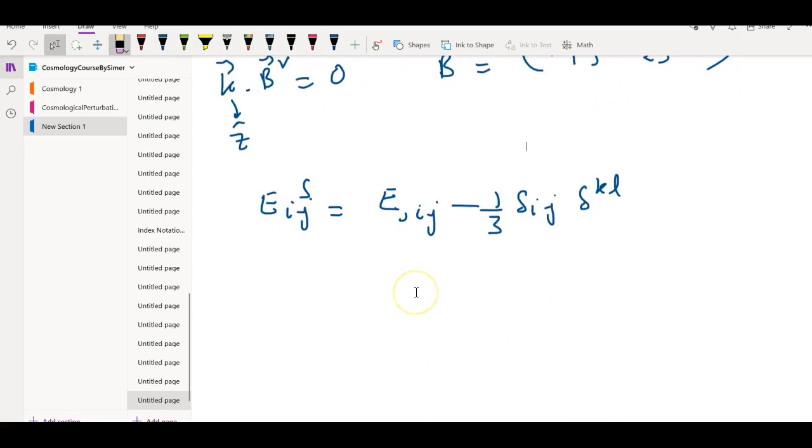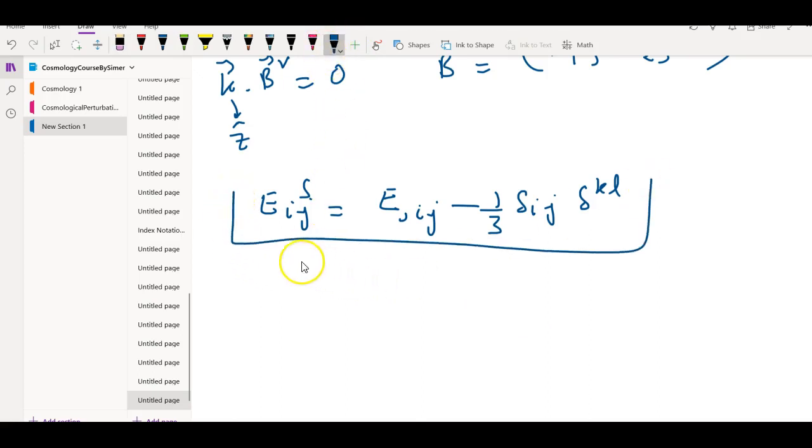How can we write this in the index notation in Fourier space? Let's do that first.